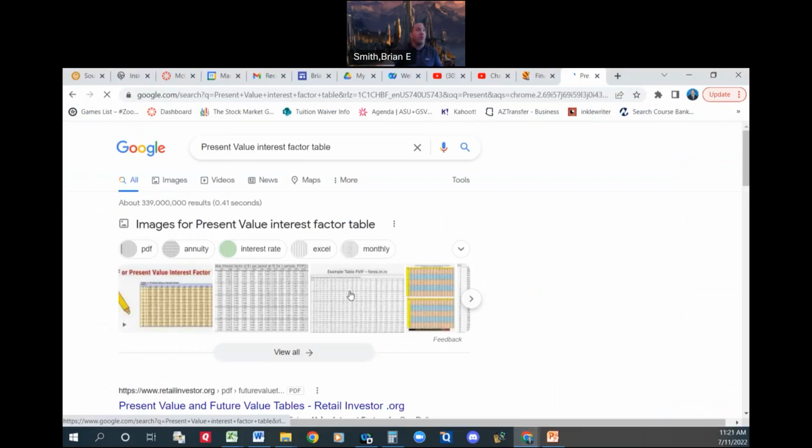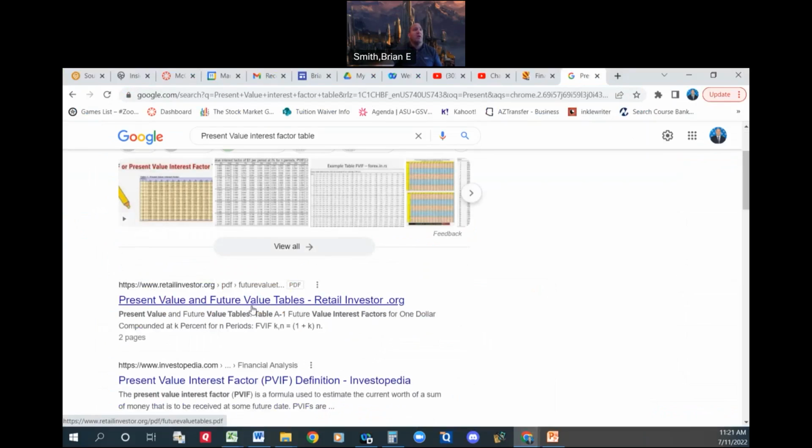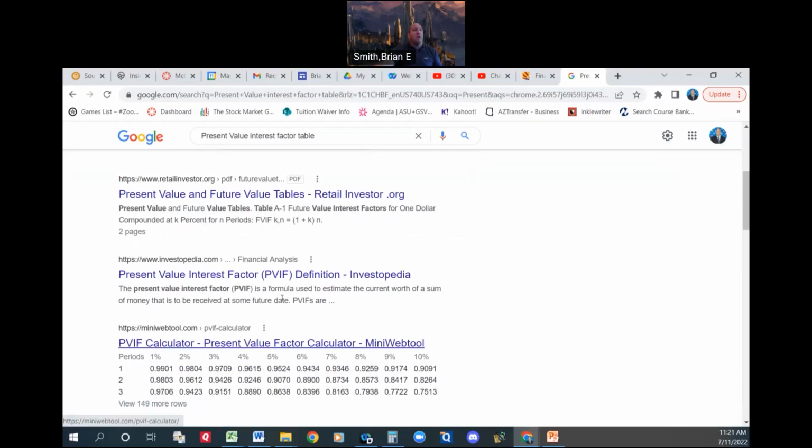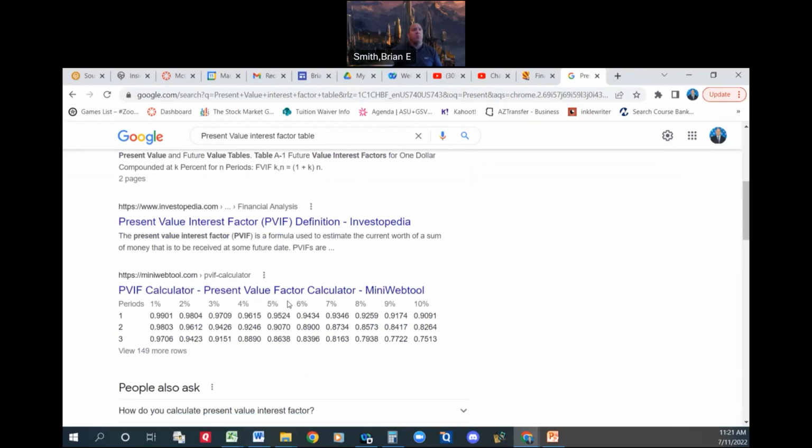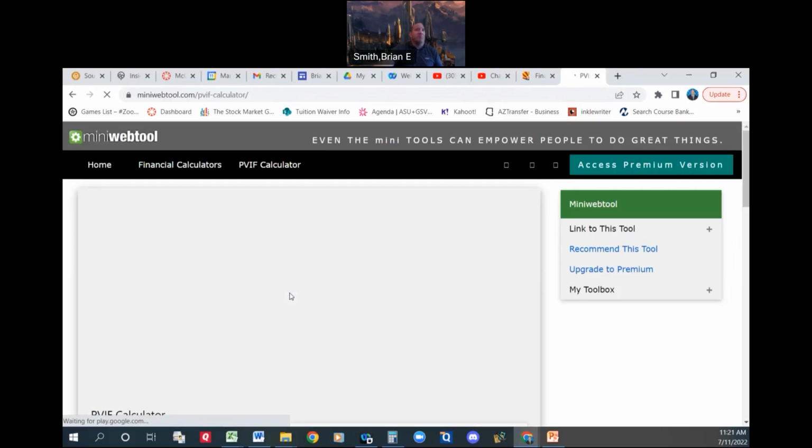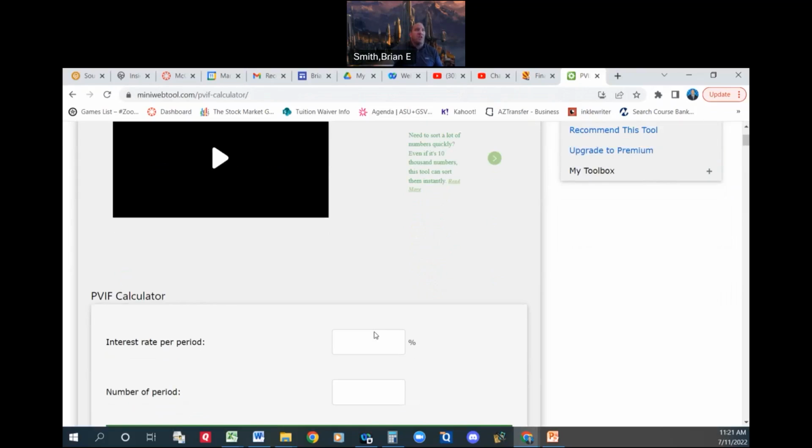I come to images, or you don't have to. This is a PDF from Investopedia. It's really hard to screw this up. The only problem is that if there's a percentage you can't find, maybe because it's some weird number, it might be a challenge for you.